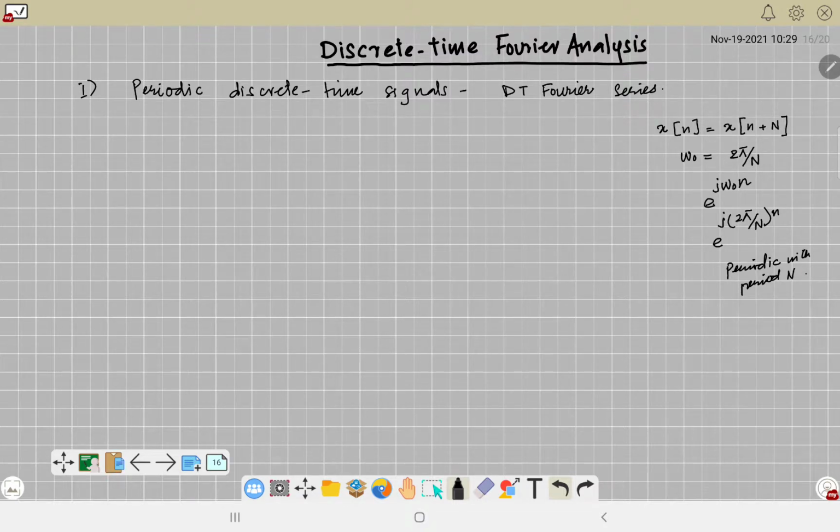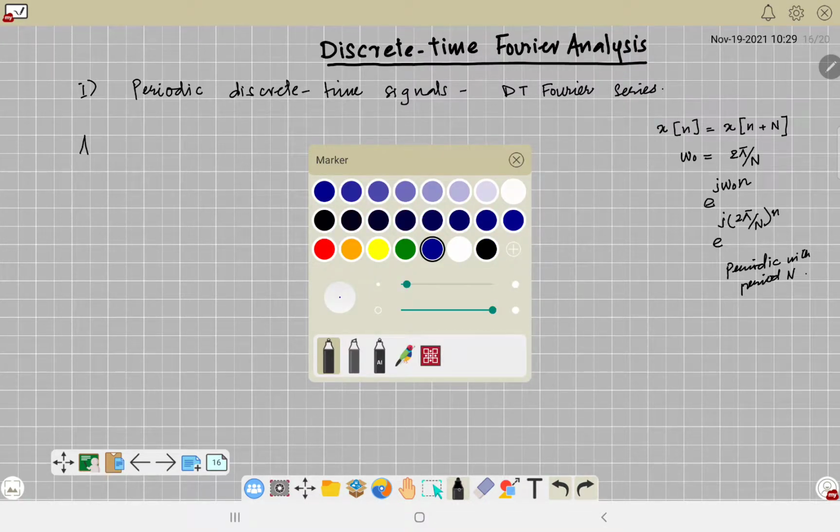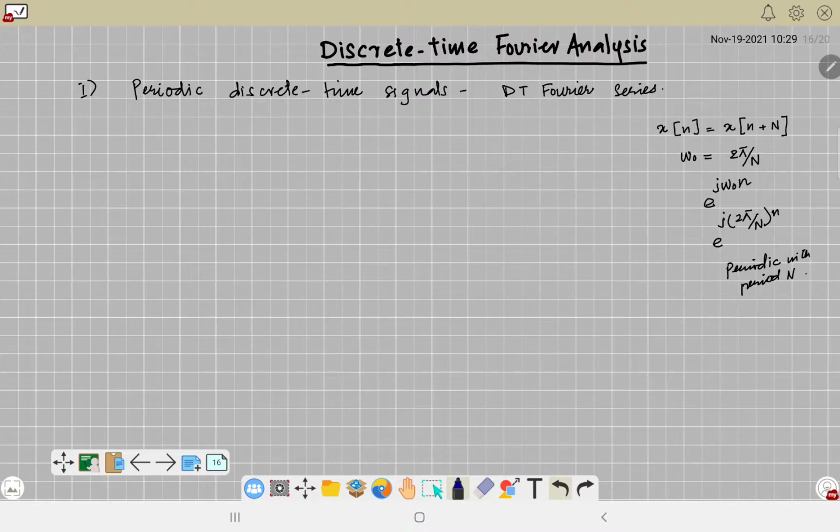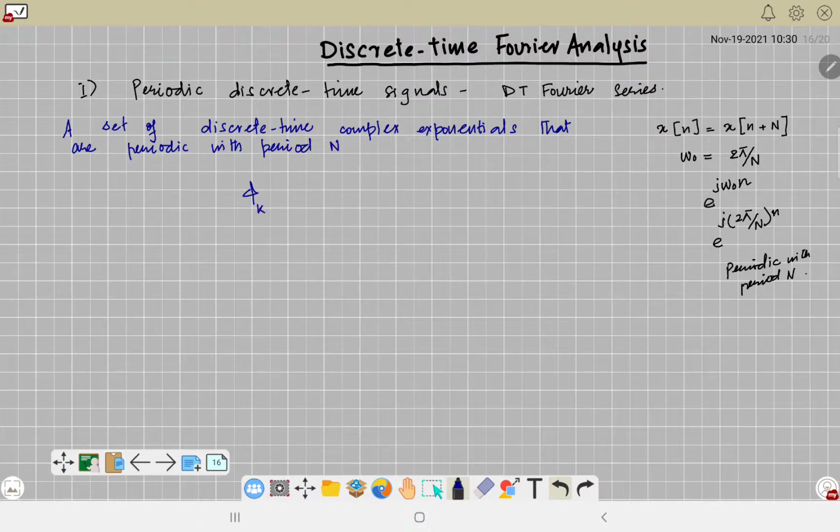This we know. Now we will define a set of discrete time complex exponentials that are harmonically related, exactly the same way we did in the continuous time case. These are exponentials that are periodic with period N. So I'm defining a general exponential phi subscript k of n as an exponential of this kind, e raised to the power j k omega naught n.